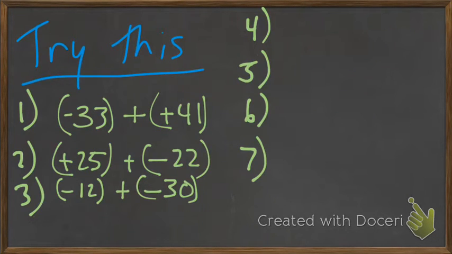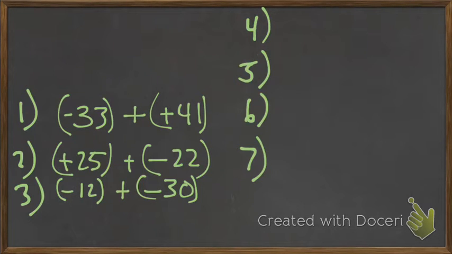I apologize, in my last video I did not have a try this, so I'm going to leave you with extra try this questions. And they're basically going to be adding and subtracting integers. Now, the ways you can do this: you can use your counters, which are the blue and the red, equaling 0.